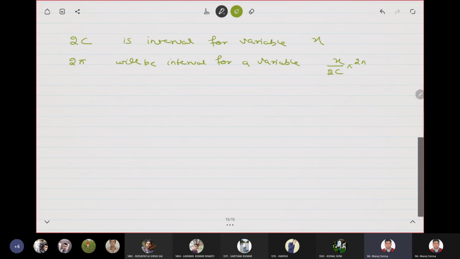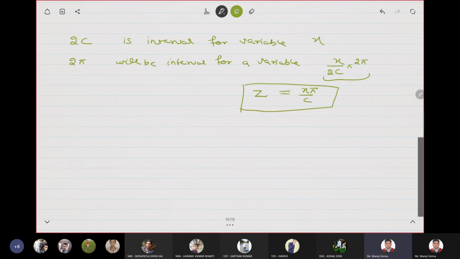If 2c is the interval for a variable x, then 2 pi will be the interval for the variable x by 2c into 2 pi. So this variable whose interval is 2 pi will be equal to x pi by c. Now let us say this x pi by c variable I am denoting by z.